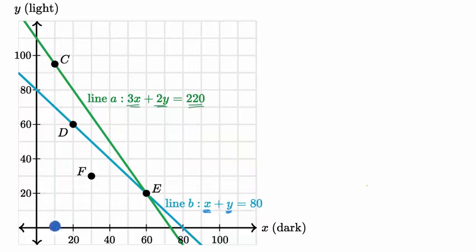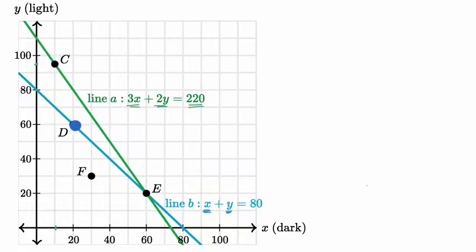And we can see that over here. She's using, it looks like, 10 kilograms of dark, and something like 95 kilograms of light. If you were to add those together, it looks like she's using something closer to 105 kilograms. So point C is a situation where she is spending exactly $220, but she's using more than 80 kilograms, because it's not meeting this second constraint. It's sitting above that line.